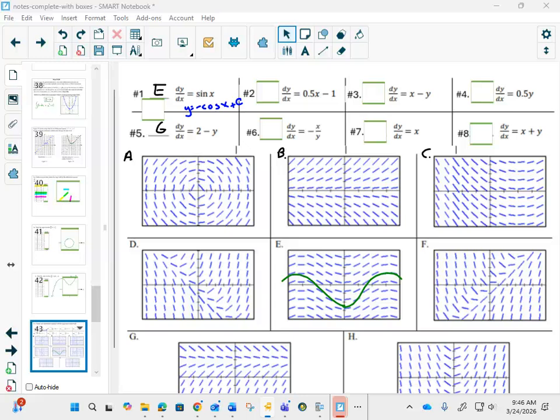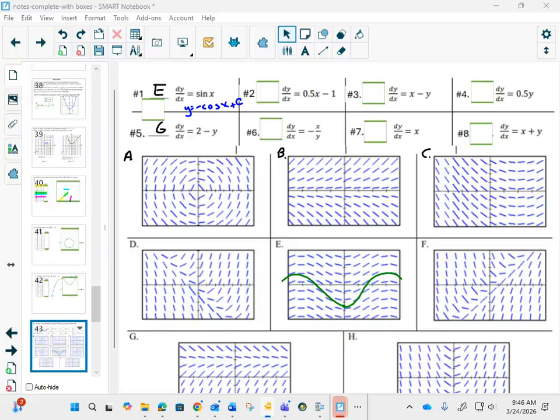If you look vertically in columns, do you see that all the slopes stay the same in every column? All the slopes will stay the same in every column because the y coordinate does not matter. You're still plugging in the same x coordinate every single time. So for all of these equations that have only x's, your column will stay the same.